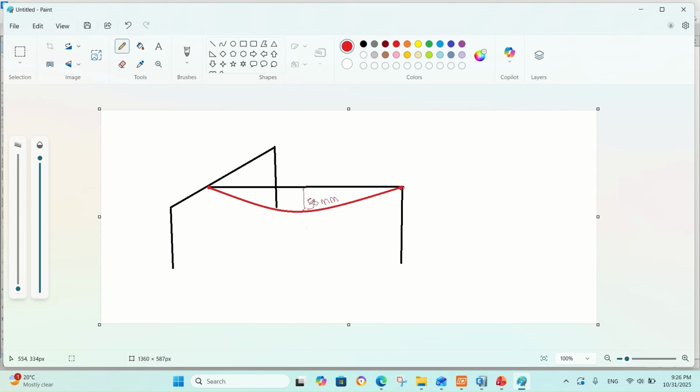In other words, this beam will deflect at the midspan 50 mm more than it deflects at ends. So here I set the deflection at ends to 0 and I measure the deflection for the beam at the midspan in relation to the ends. However, in real life, this will not be 0 because I'm focusing on the relative deflection of the beam.